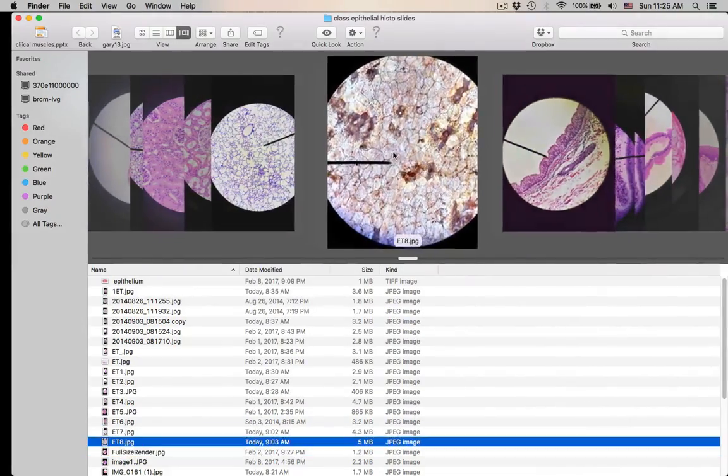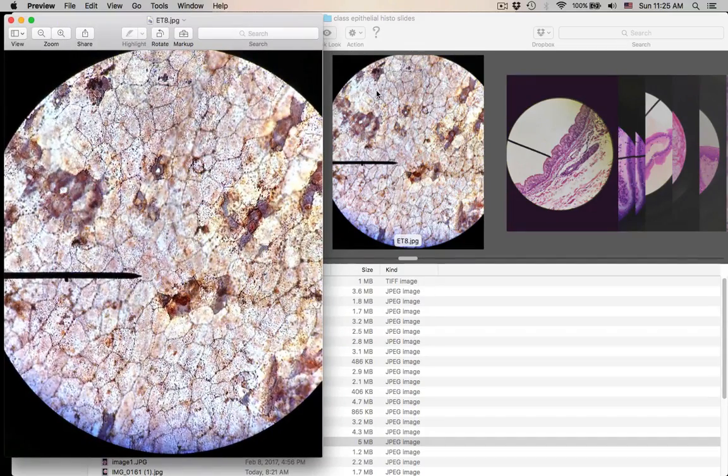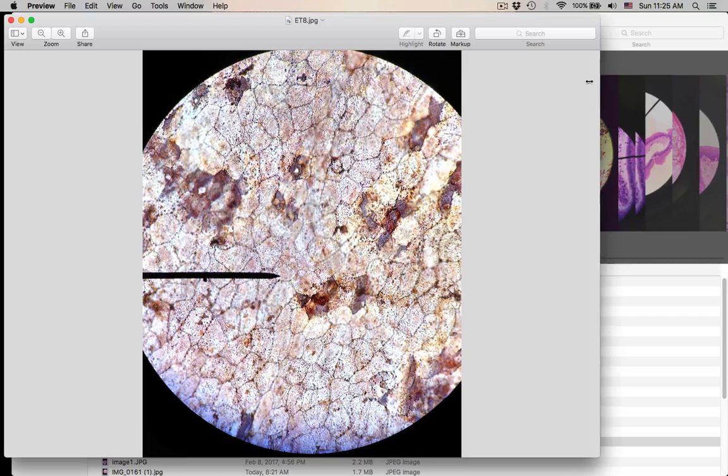Oops. Get this guy. This is a flat mount of this epithelial tissue. They are taking it and placing it on top of the slide, so you are looking down on the tissue.